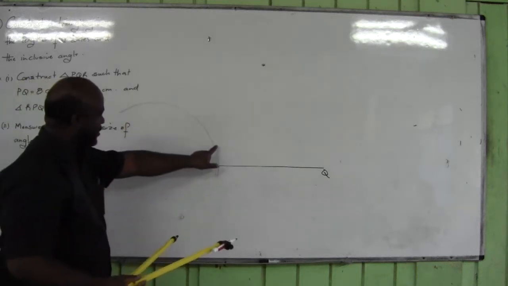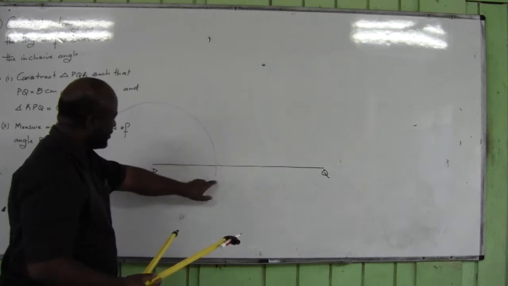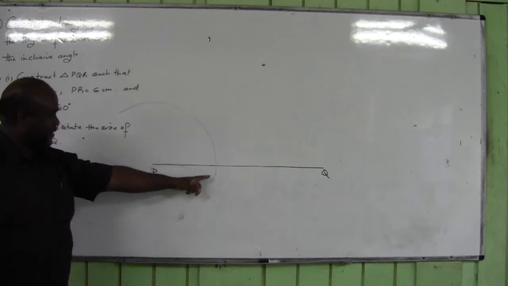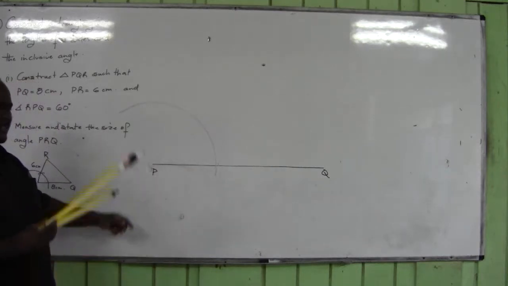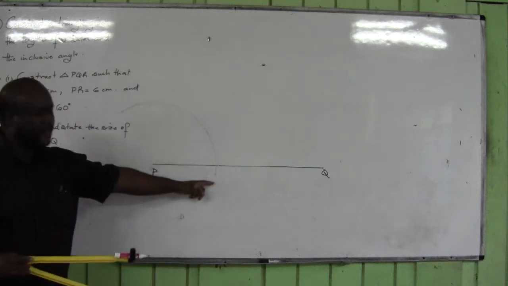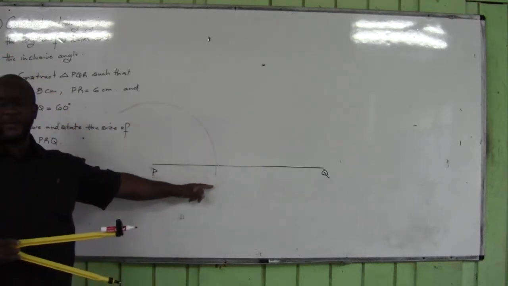Y'all remember that this is 0 degrees. So this is C. I then move the metal tip without shifting the compass. I must ensure it comes around and cuts the line PQ.